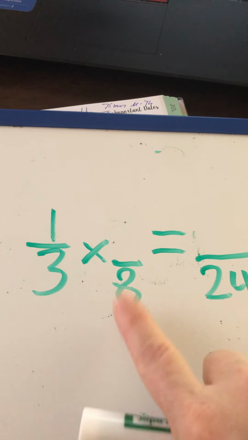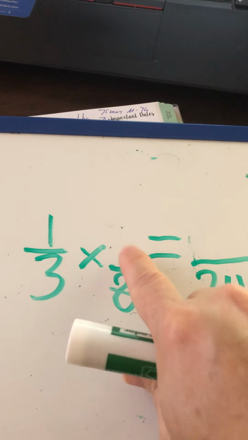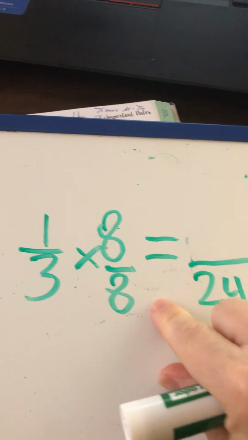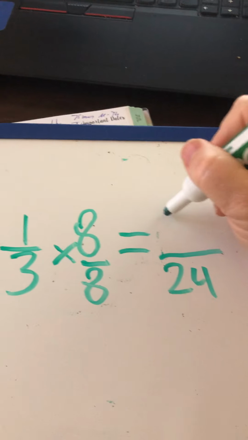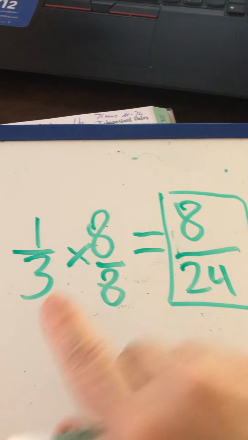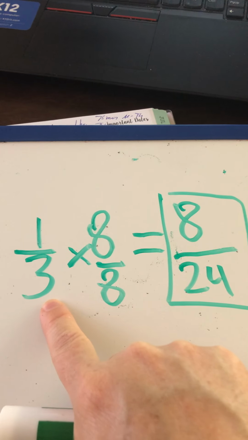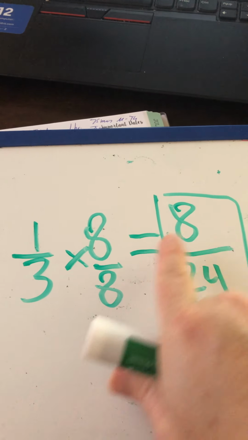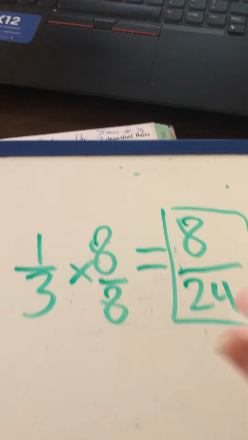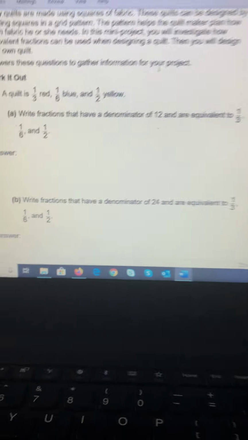Hopefully you're thinking of the factor 8, because 3 times 8 equals 24, okay? So the rule is whatever you multiply your denominator by, you're going to multiply your numerator by that same number, okay? 1 times 8 is 8. So we just made an equivalent fraction that's equal to 1/3. It's equivalent to 8/24. So that's going to be that first answer that you're going to type in.